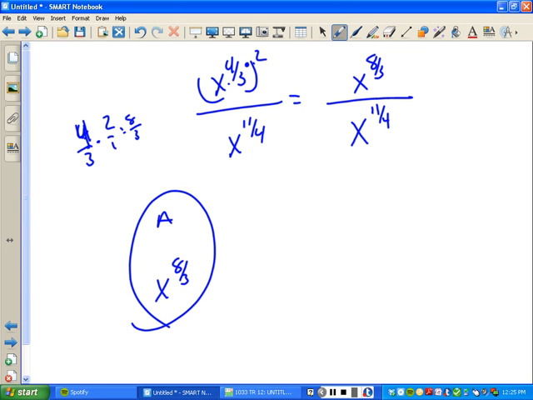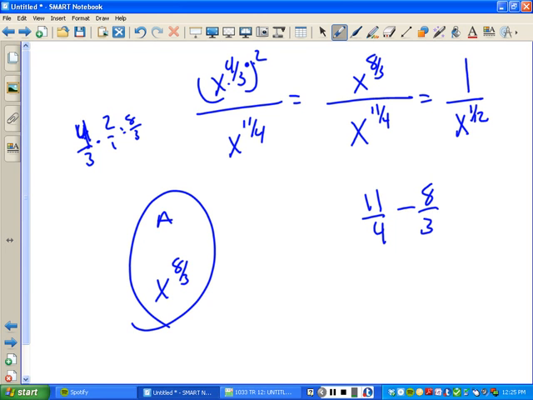Subtract. You guys, JD's like a man on a mission today. Dude, I got it. 11/4 minus 8/3. Do you have that, or do I need to take care of it? Yeah. What'd you get? I got 32 over 12 minus 33 over 12. And I got negative 1 over 12, which caused you to move that x to the bottom, yes?